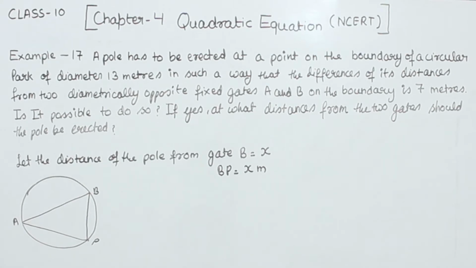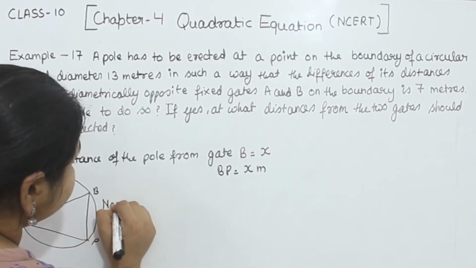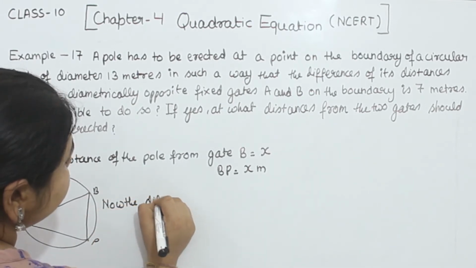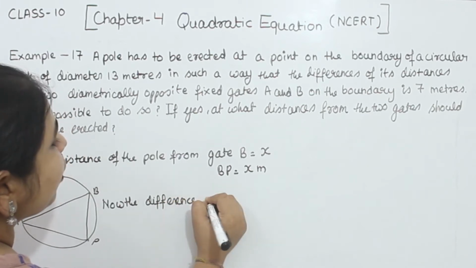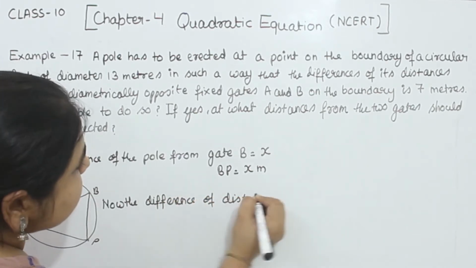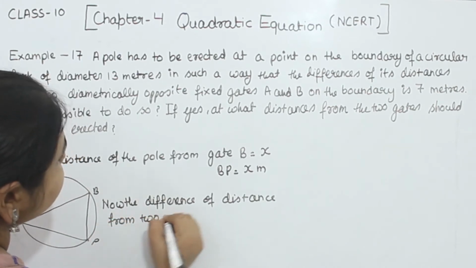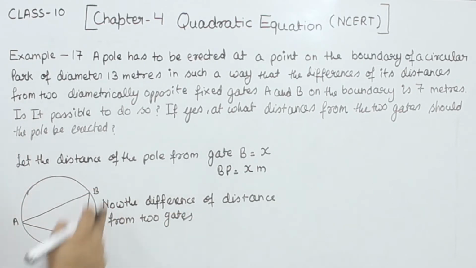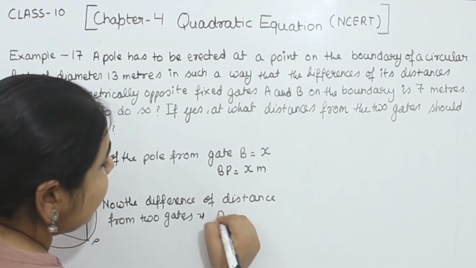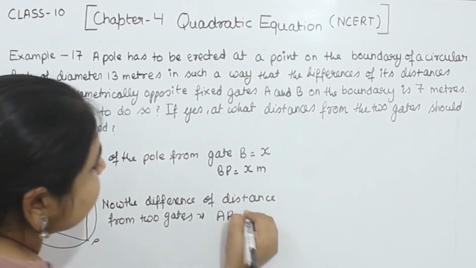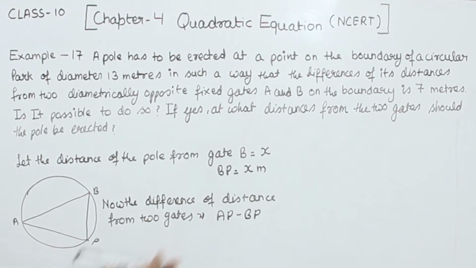Now if the distance of the pole from gate B is x, the difference of distance of the pole from the two gates, from here to here and here to here, is AP minus BP.